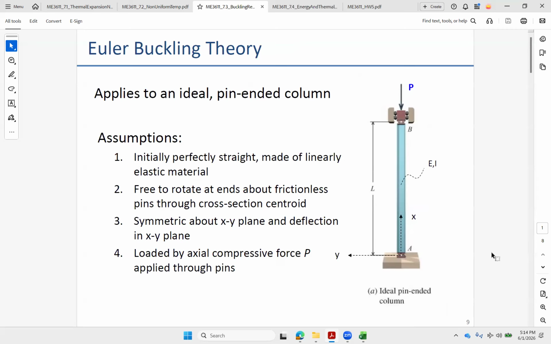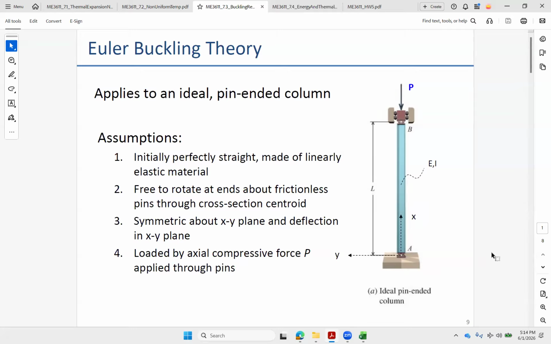So if we look at an ideal pin-ended column, we're going to consider pin-type support on both ends and also free to move in the axial direction. As far as the beam's concerned, it's simply supported, and then we can push down and cause axial deflections.